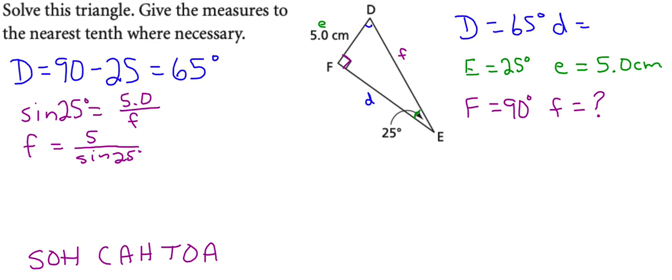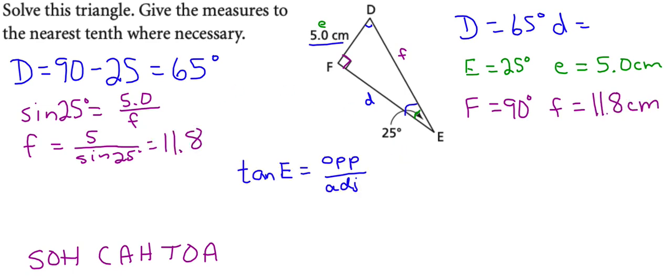And before we do this, we should know that this is our largest side. It should definitely be bigger than 5, but it will be the largest of the three sides. So when we throw it in our calculator, we get 11.8, and that's our answer, 11.8 centimeters.